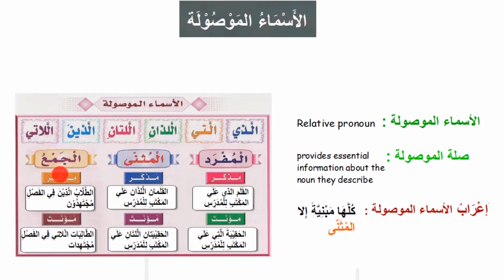Now when they are muzakkar, masculine, this is an example. At-tulab, the students. Al-lazina, who, fil fasl, are in the class. So the students who are in the class, mujtahidun, are hardworking.